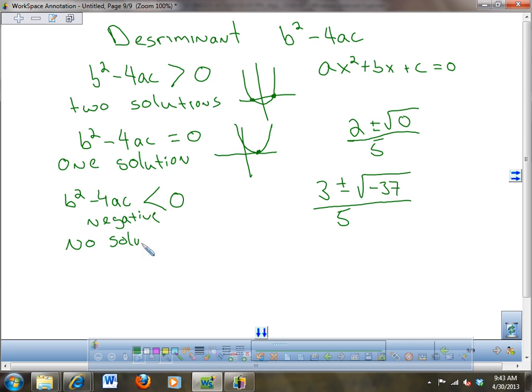And just because there's no solutions doesn't mean there's no graph that goes with it. What it means is you have a graph that never touches the x-axis.